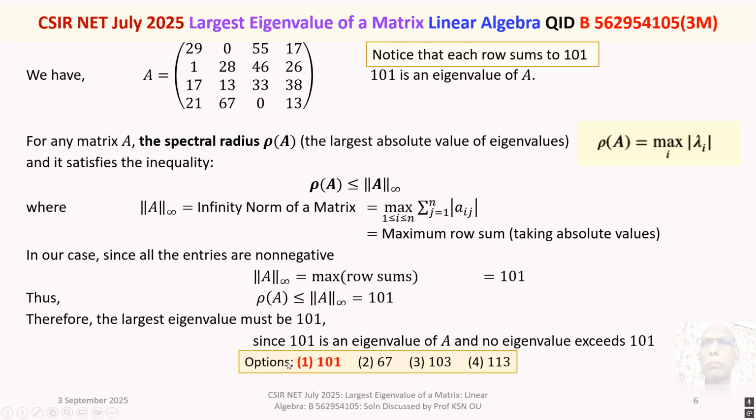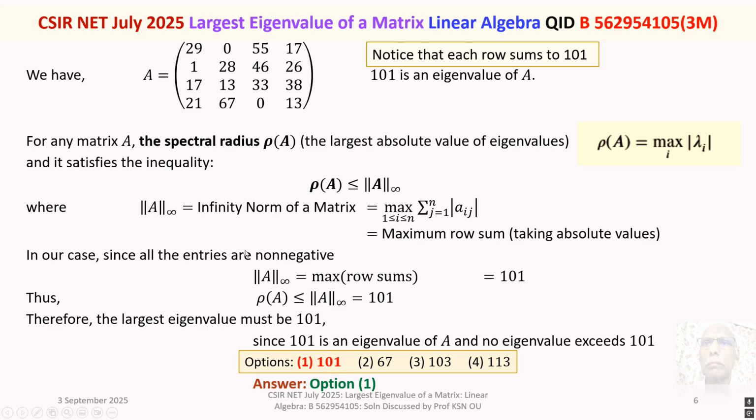So, let us look at our options. Our answer, the largest eigenvalue 101, appears against option 1. Therefore, the answer to this question is option 1. That is the detailed discussion of the solution of this problem. It is not a difficult question.